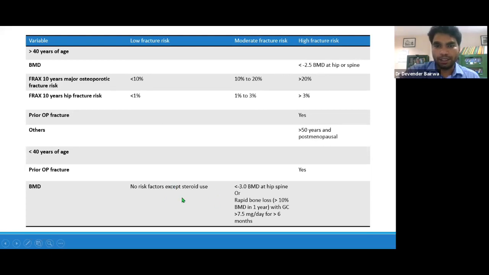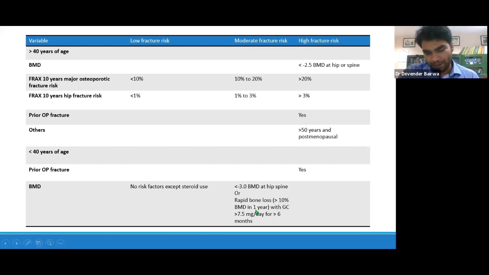But if there is a BMD T score less than -3 at hip or spine, or there is rapid bone loss, like more than 10% of BMD loss in 1 year, with glucocorticoid therapy of at least 7.5 mg per day for more than 6 months, this can be taken as moderate risk.